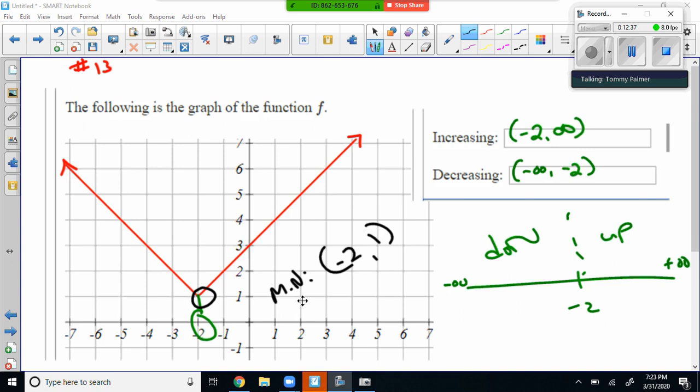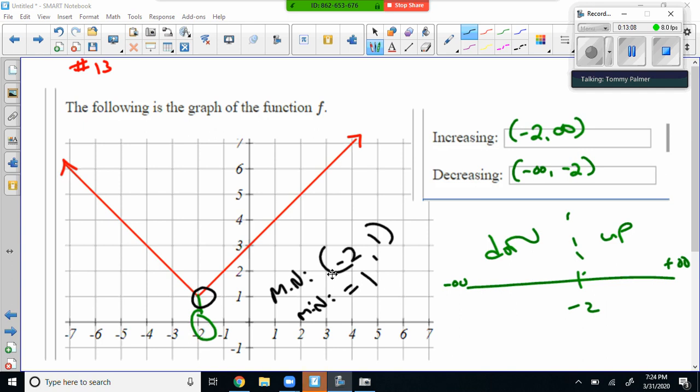Sometimes you may see it say minimum is equal to 1, right? They're just giving a y value. So the two ways here are traditionally how you'll see it.